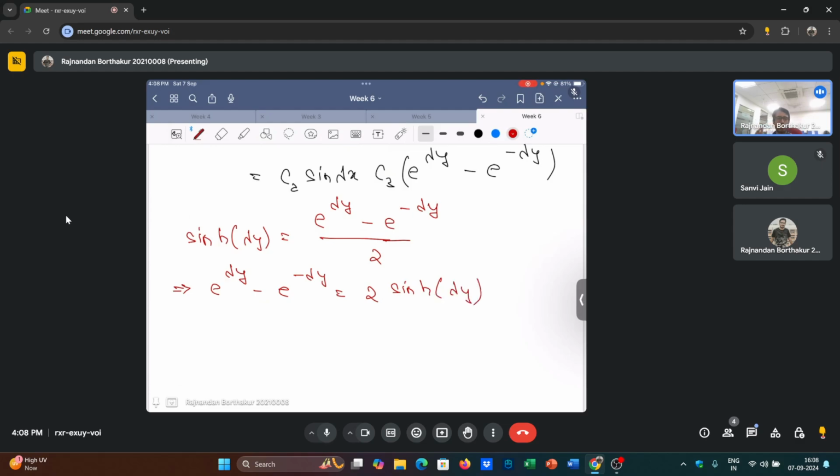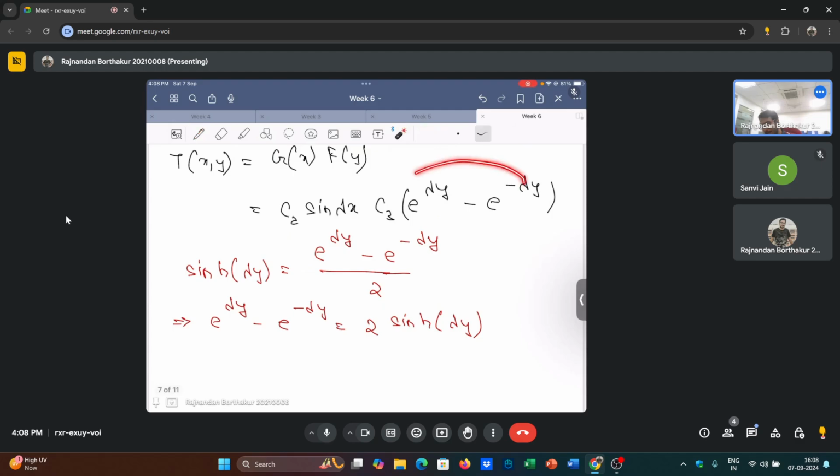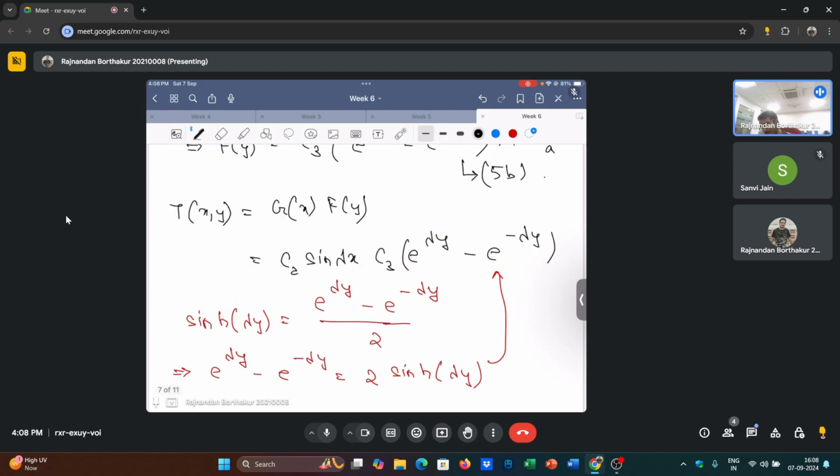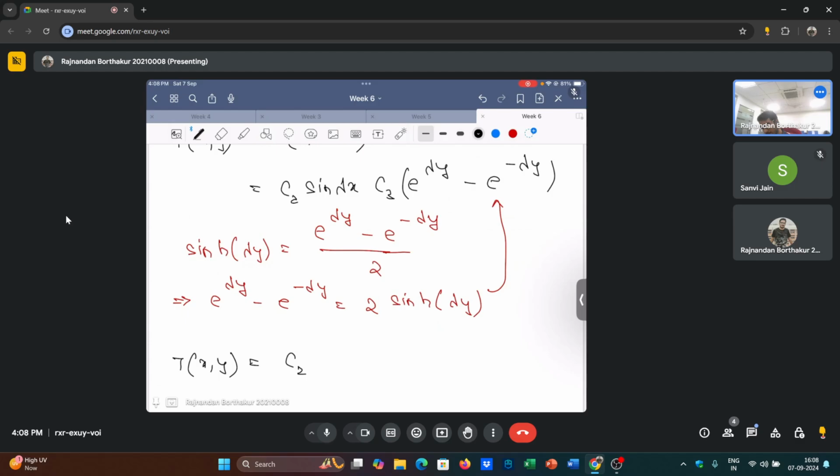This is just to make our solution a little more compact. So instead of e power lambda y minus e power minus lambda y, we will replace it with 2 times sine hyperbolic lambda y. This means T of x, y will be equal to C2 sine lambda x times C3 into 2 times sine hyperbolic lambda y.